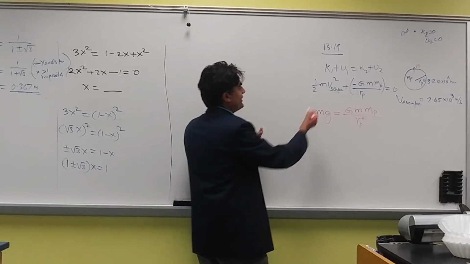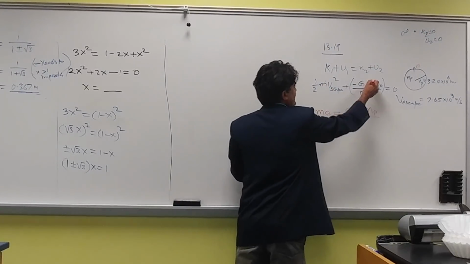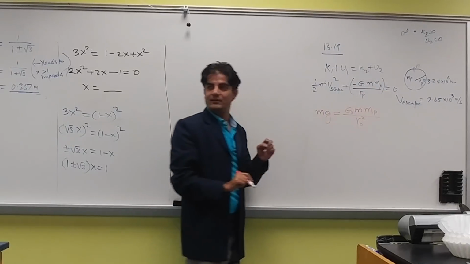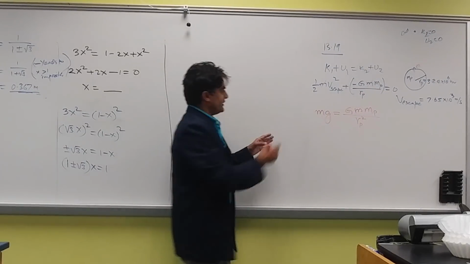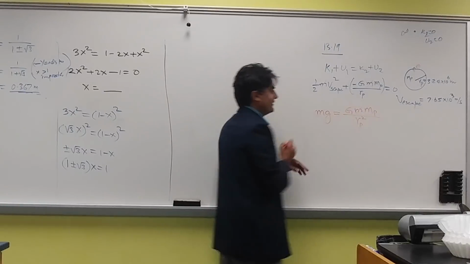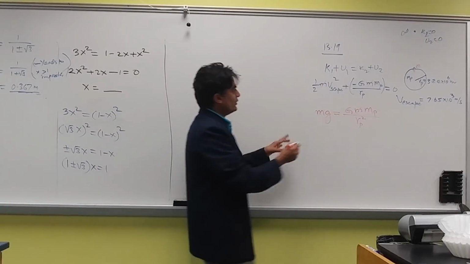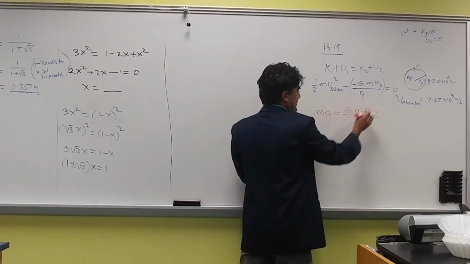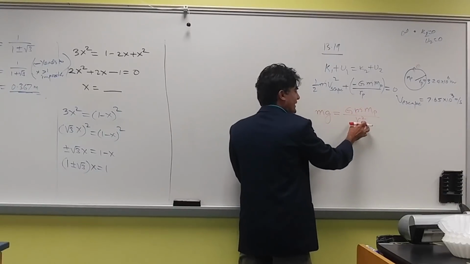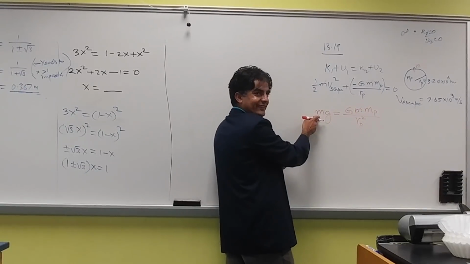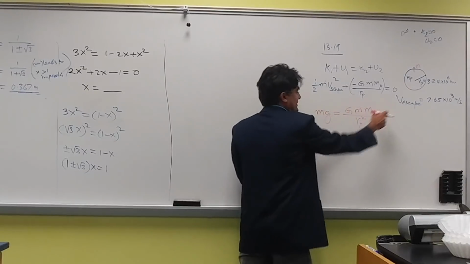Remember here, this m will cancel, and here also this will cancel. So G M P by R P, one of them I'll take out and multiply here. If I multiply by R P on both sides, one will cancel.